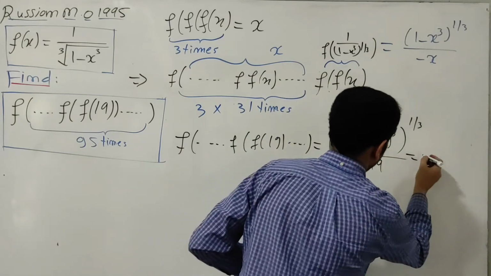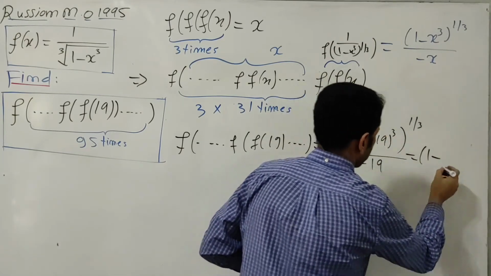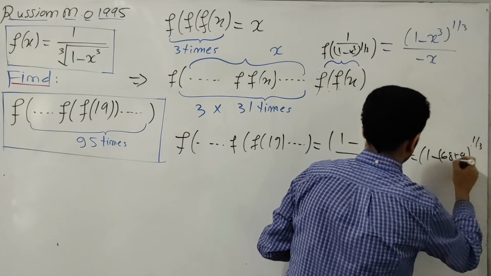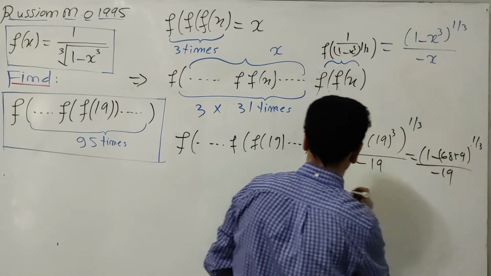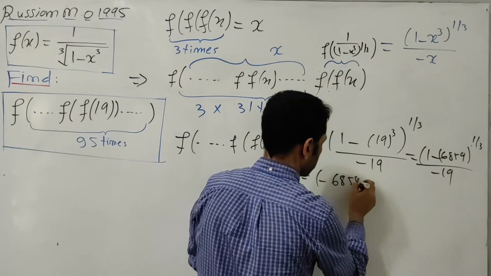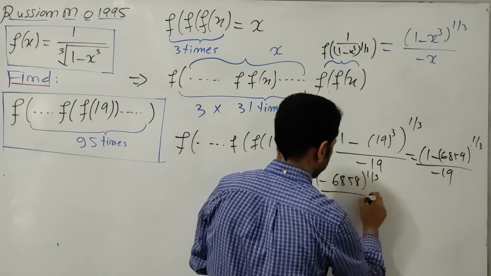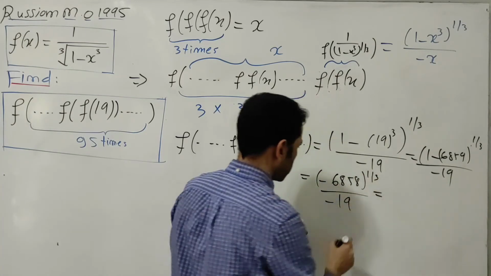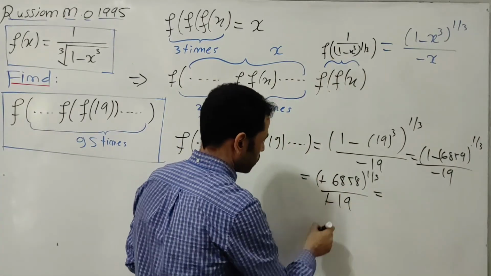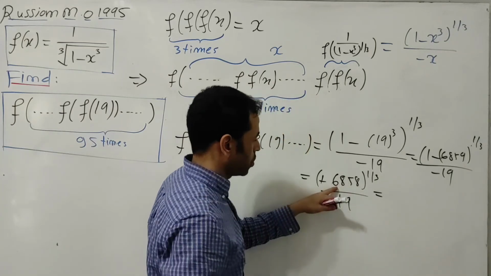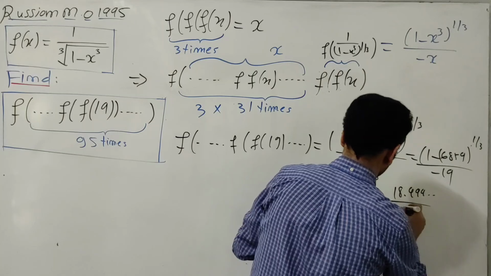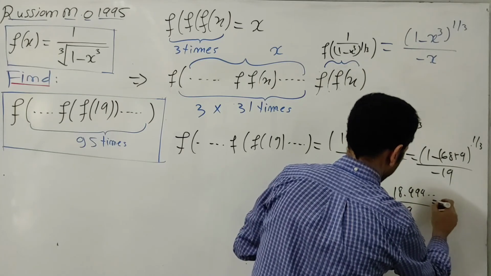When you calculate this one, we found 1 minus 6,859 to the 1 over 3, divided by minus 19, is giving us minus 6,858 to the 1 over 3, divided by minus 19. So this minus sign with the cubed will be cancelled out. This one is giving us 18.999 over 19. So it's almost 1.